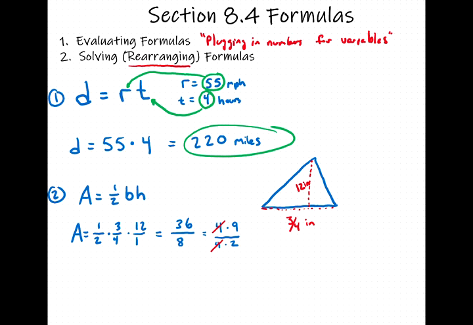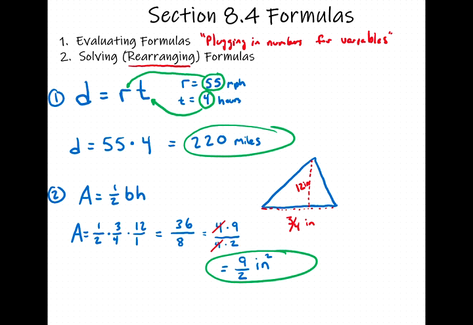All right, so once we simplify the fraction, we get 9/2 square inches. So we're doing base times height, so that's 3/4 of an inch and 12 inches. So inches times inches is square inches. Okay, so that's a couple of examples for the first topic, evaluating formulas.